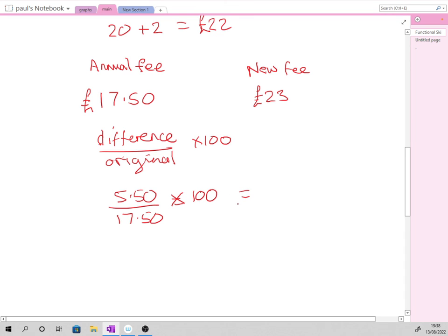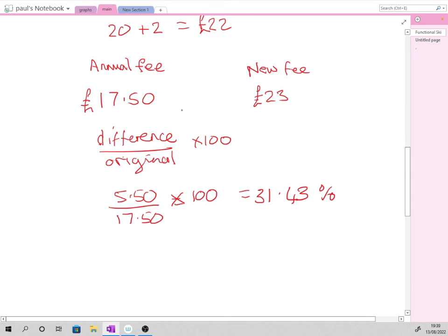So 5.5 divided by 17.5 times 100 equals, wow, that's a crazy number. That's 31.43. Yeah. So the percentage change, yeah, is 31.43.